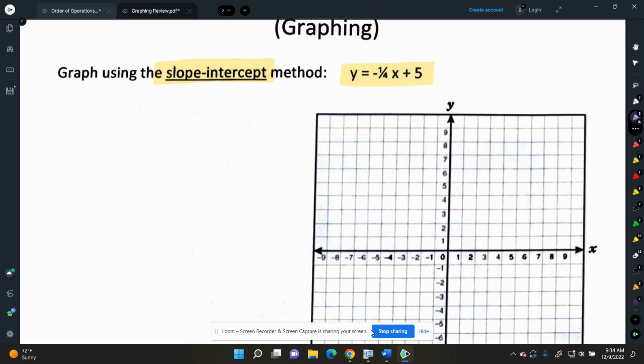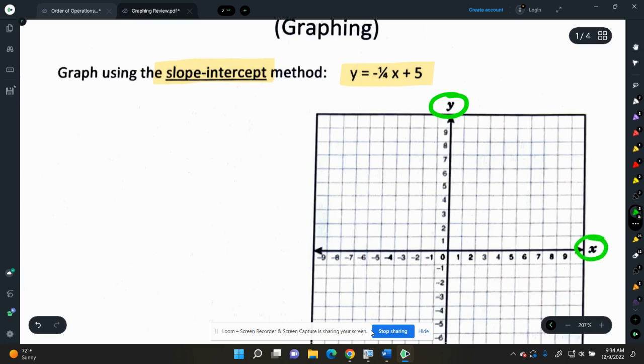Now, some of you were confusing the x and the y-axis. It's labeled. That's your y-axis. Here's your x-axis. Okay? So we find our y-intercept. In this case, the y-intercept is 5. So I put that on my y-axis.